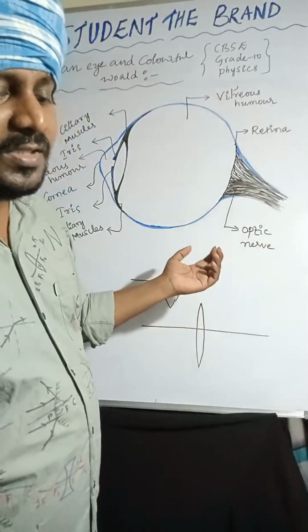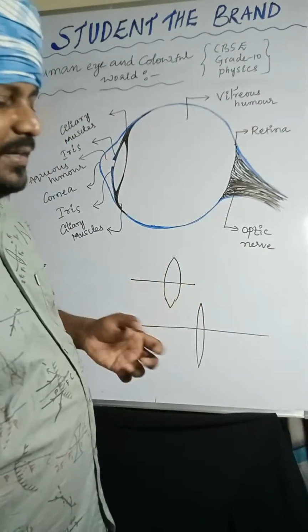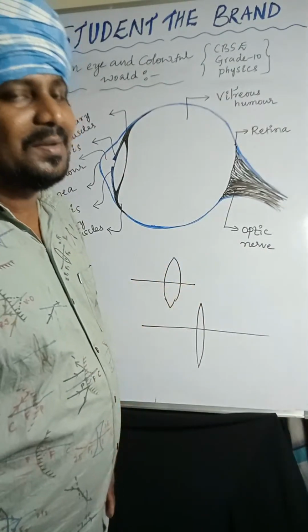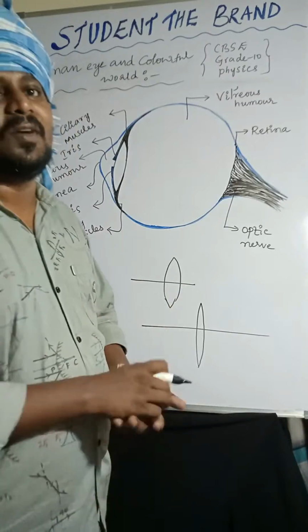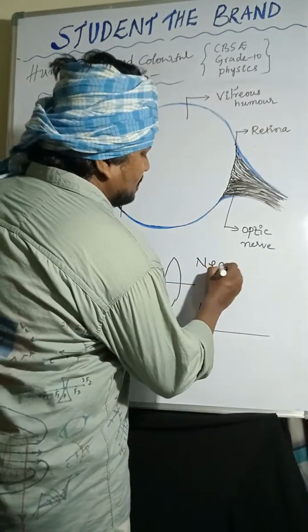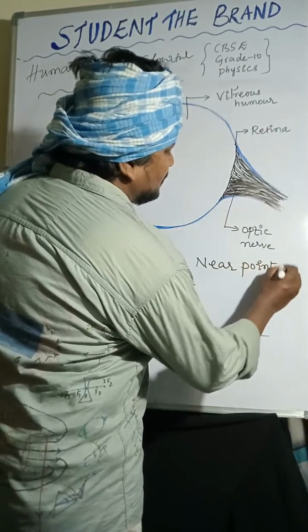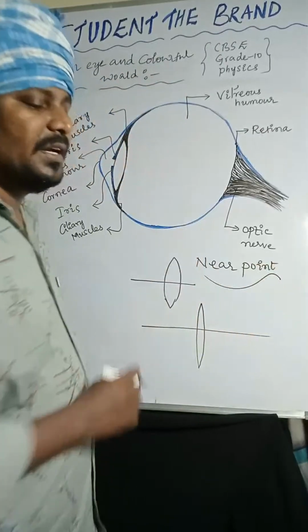So what is the near distance object? It is nothing but the near point. The near point is the minimum distance up to which a person can see clearly without any strain.